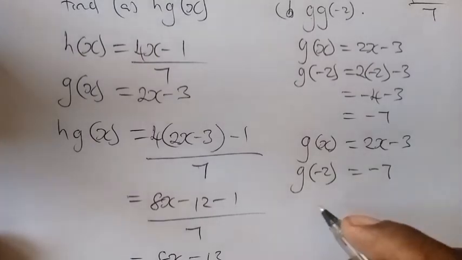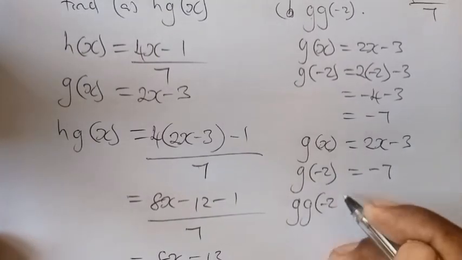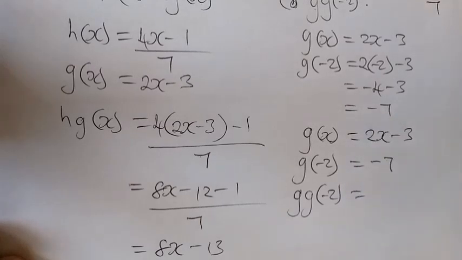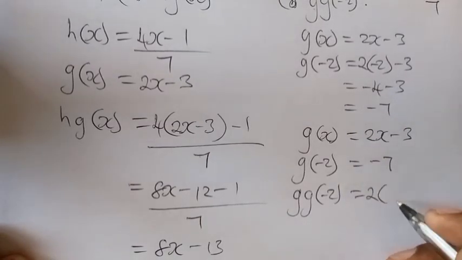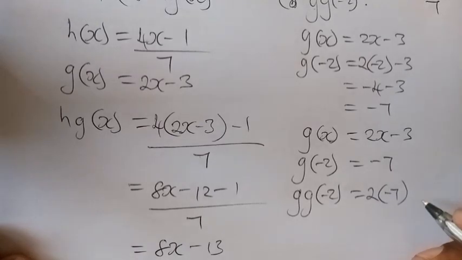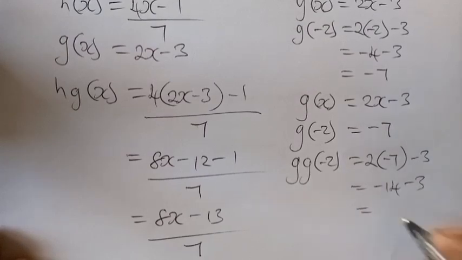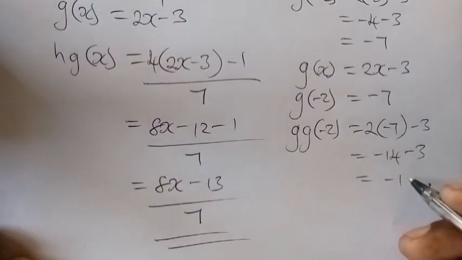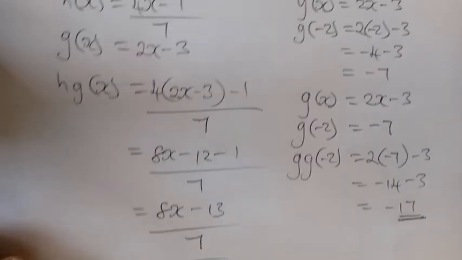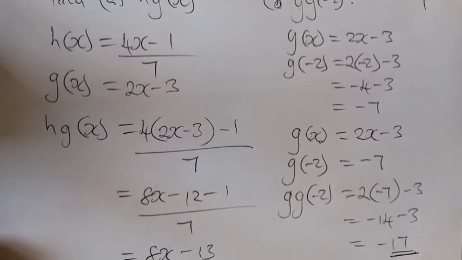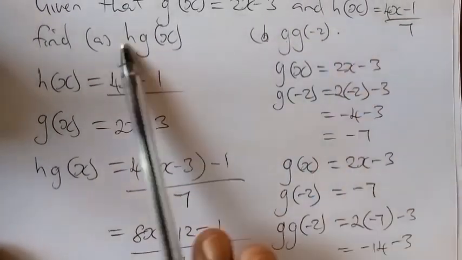So we are going to substitute this minus 7 into there. So this becomes 2, we are going to open the bracket, then we have a minus 7 here, minus 3. So when we multiply this one, it is going to give us a minus 14 minus 3, which will give us a minus 17.